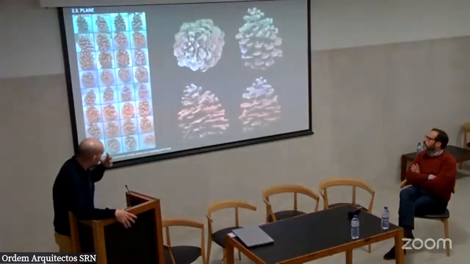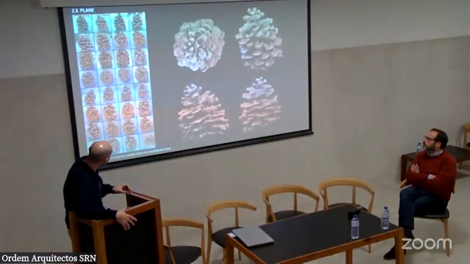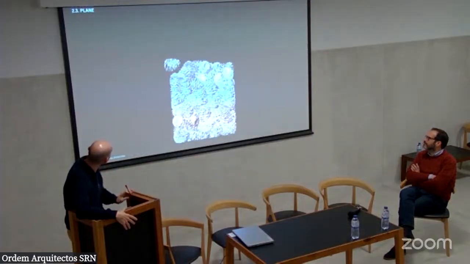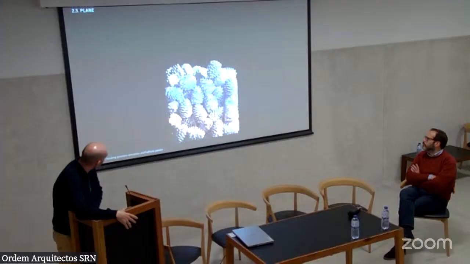In this case, we went for pine cones. So there are lots of pine trees here in Portugal, and we made a similar simulation in the computer, in Blender. And from this image, we gathered a 3D rendering with light so that we can see better the shape of it.